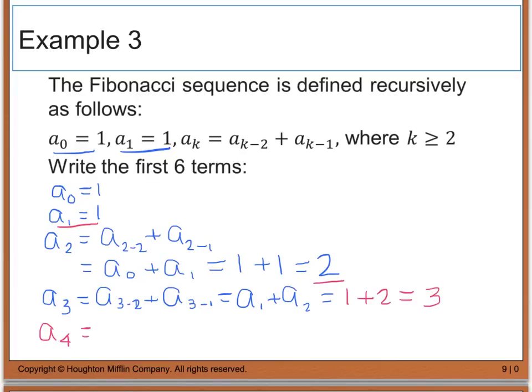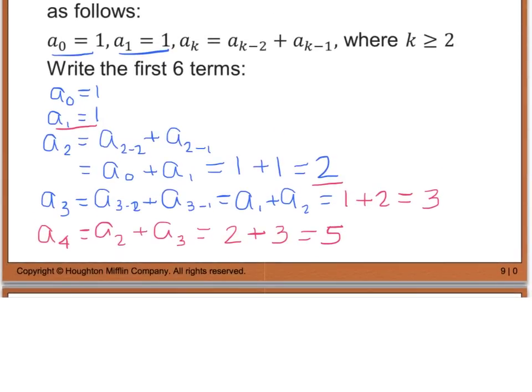Now my a sub 4 term is going to be a sub 4 minus 2, which is a sub 2, plus my a sub 4 minus 1, which is a sub 3. My a sub 2 term we said was 2, plus my a sub 3 term, which was 3, and 2 plus 3 equals 5. And I'm going to continue to do these for my next couple of terms.